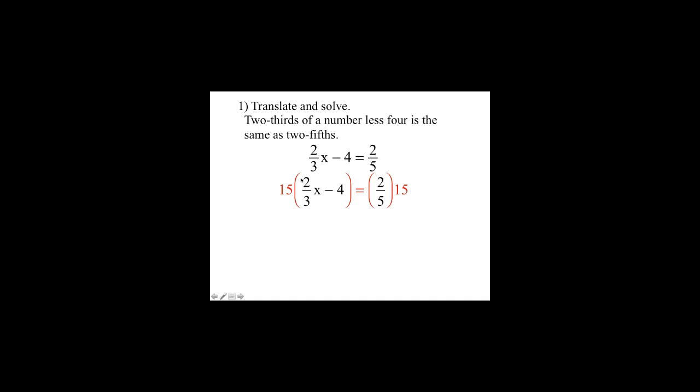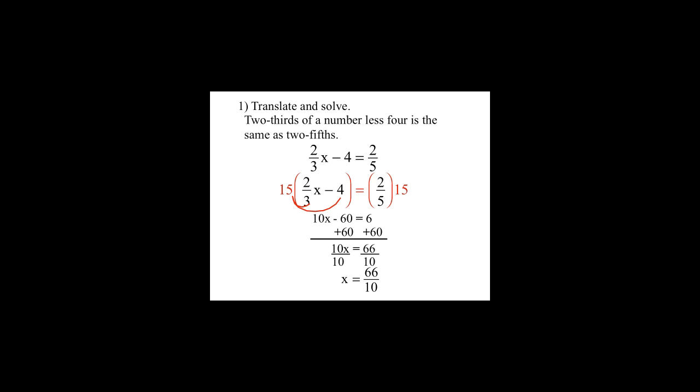When I distribute 15 to 2/3, I can cross cancel my 3's, divide out that common factor. I'm left with 5 times 2x is 10x. I'm left with 15 times negative 4 is negative 60. And 3 times 2 is 6. Then to get the x on its own, I undo my adding and subtracting, add 60 to both sides. 10x equals 66.